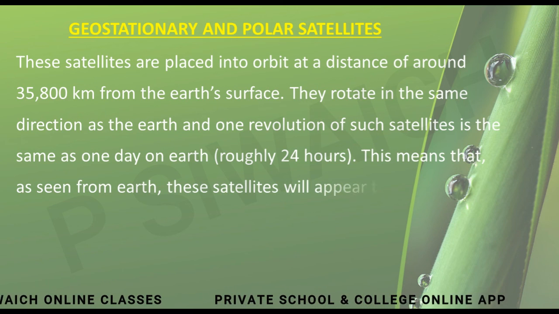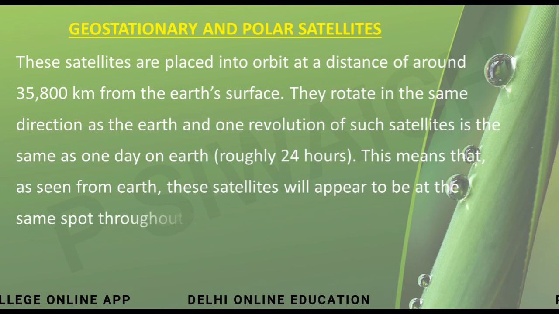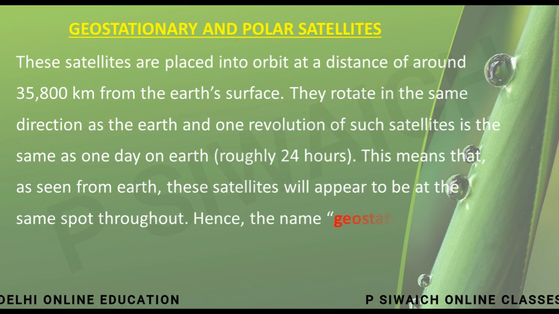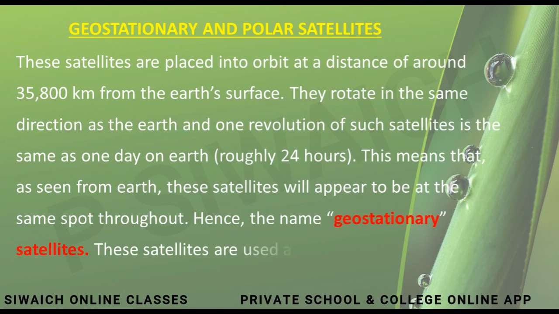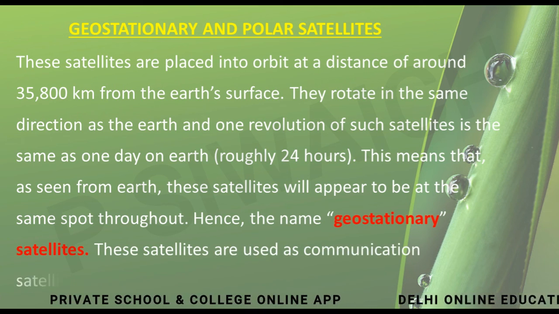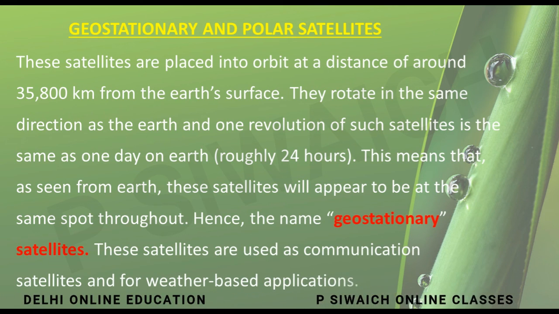This means that as seen from Earth, these satellites will appear to be at the same spot throughout. Hence the name geostationary satellites. These satellites are used as communication satellites and for weather based applications.